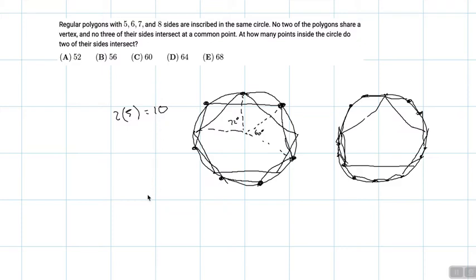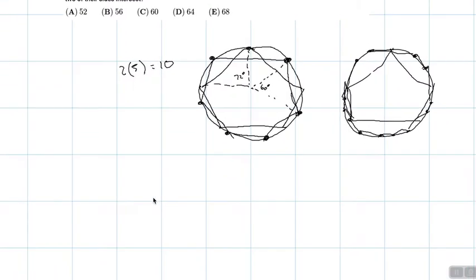And the reason why it's important to consider these are regular polygons is one last drawn out example here. So draw a regular pentagon again. And let's say we consider a shape like this.